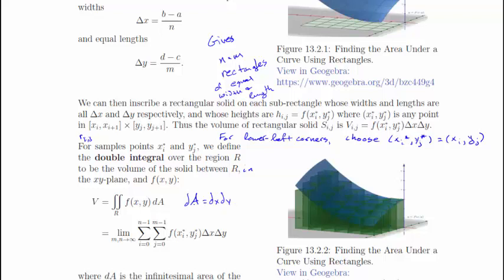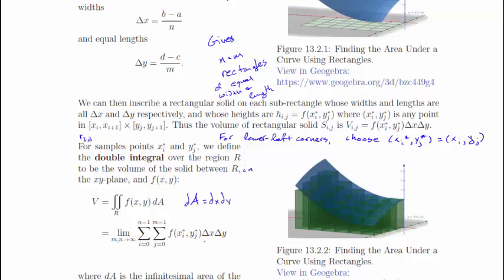So this equals the limit as m, n goes to infinity, that's the number of subintervals in the x and y direction, so we're making that number go to infinity for both. And we're summing, we have this double sum, from i equals 0 to n minus 1 and j equals 0 to m minus 1 of f of x sub i star, y sub j star times delta x times delta y.